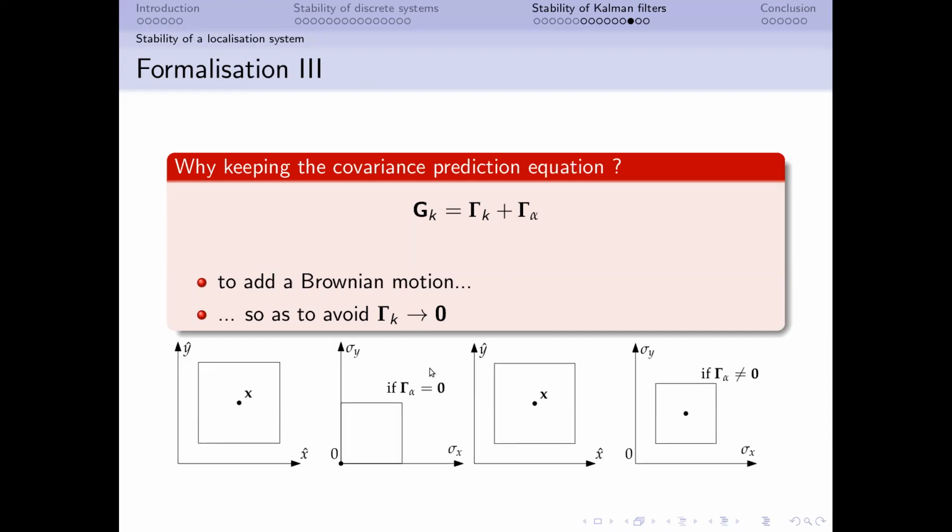Why? Since we're working with intervals, say we have the initial neighborhood for the estimation of the state here, represented by this box, which is centered on the actual state of the robot. And say we have the initial box for the covariance matrix represented here.